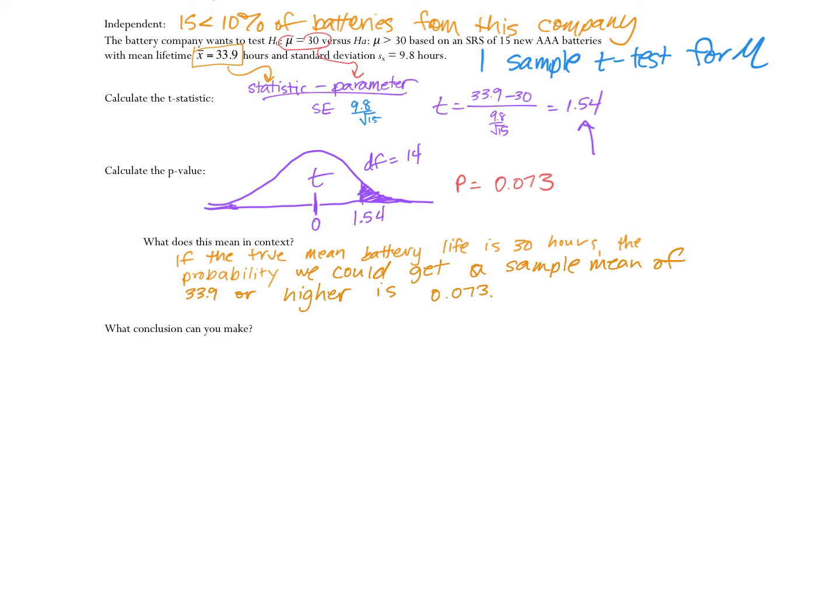All right. Hey, guys. If you got it, what conclusion can we make then? Let's start with since 0.073 is greater than alpha. Remember, because that type 1 error was more serious, we wanted to use 1% as our alpha.